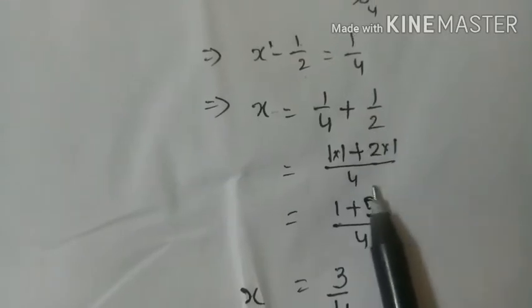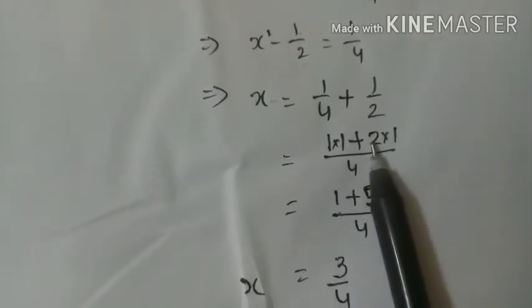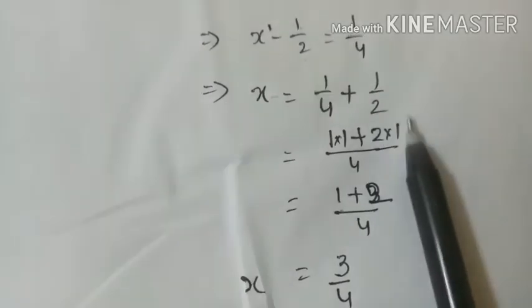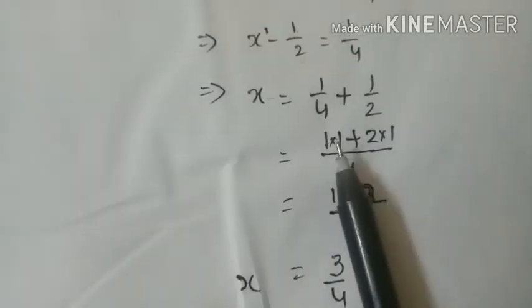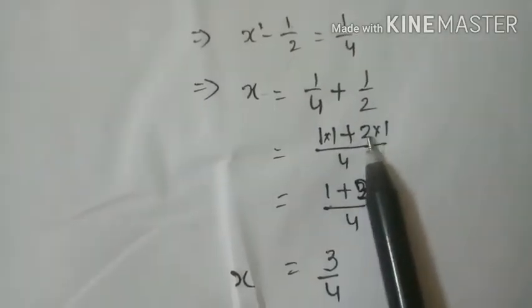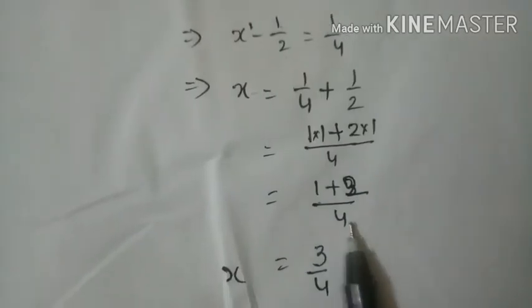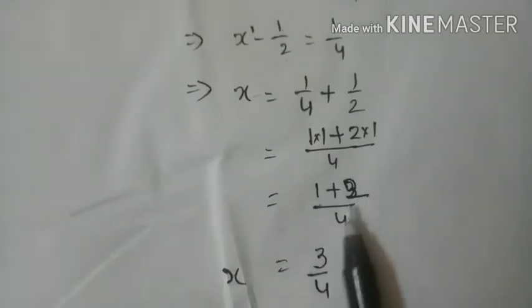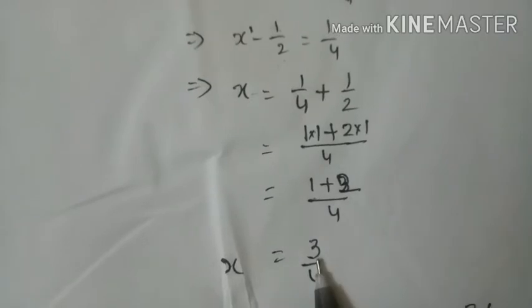How many times you will get 4? 2 times into what is the numerator? 1. Clear? Now 1 ones are 1 plus 2 ones are 2 whole divided by 4. That is equal to 1 plus 2, 3 whole divided by 4. So this is our required number. What is that one? 3 by 4. Clear? Yes.